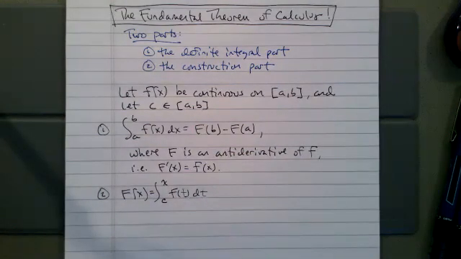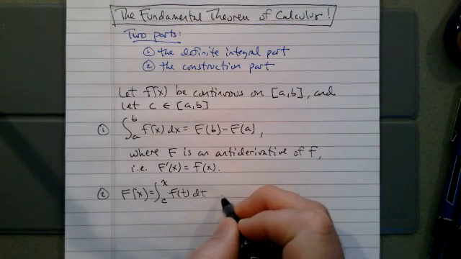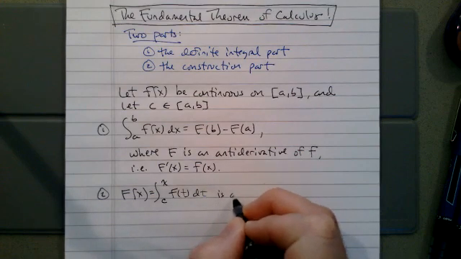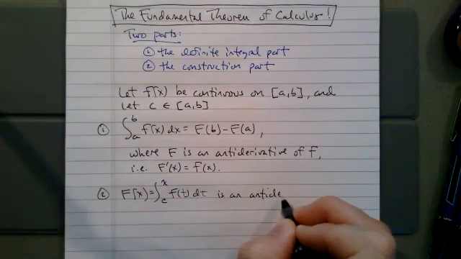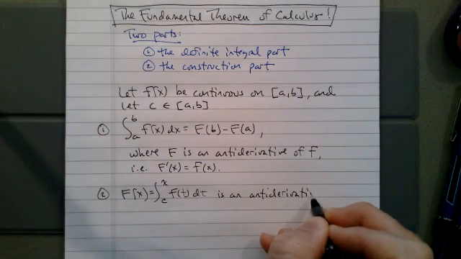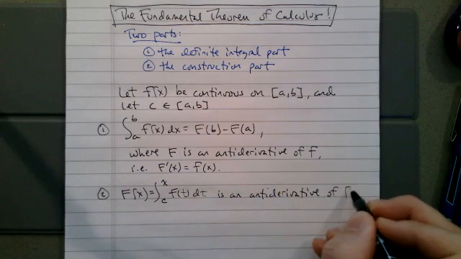If we define a function to be the definite integral from any fixed value to the value x of f of t dt, this function, the function defined this way, is an antiderivative of little f.